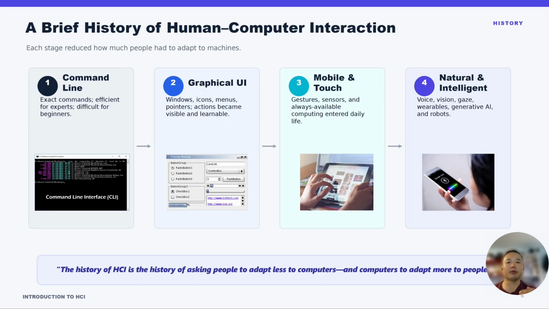Users can express their goals directly in natural language, and the system can understand your intention, even if your intention is not complete. Computers will become more collaborative rather than a passive tool. The history of HCI is a history of asking people to adapt less to the computers, and the computer will adapt more to the people.